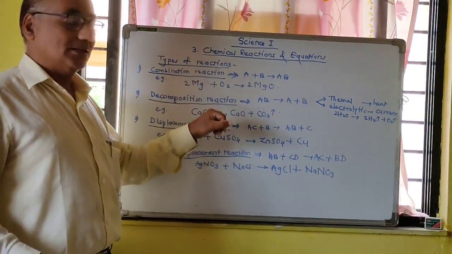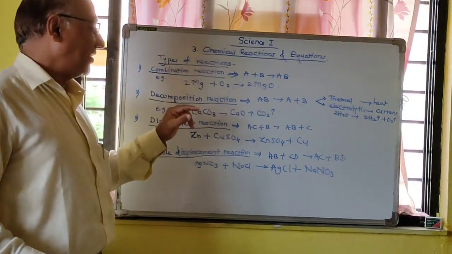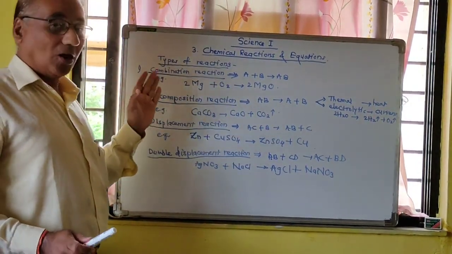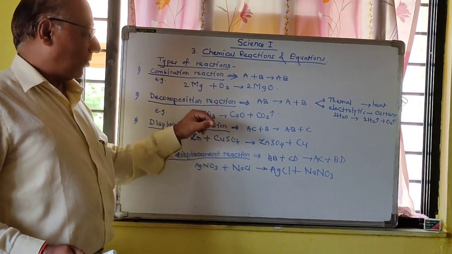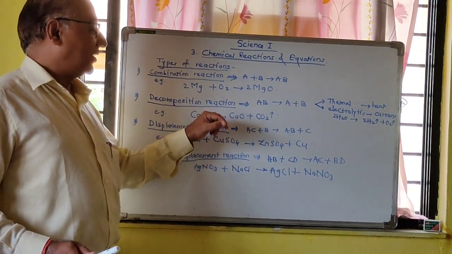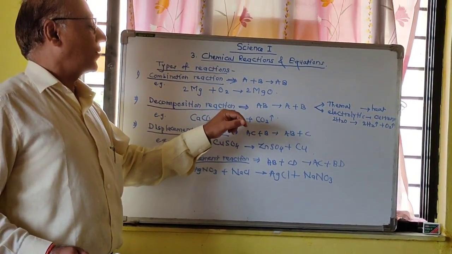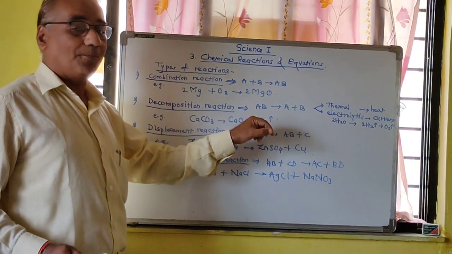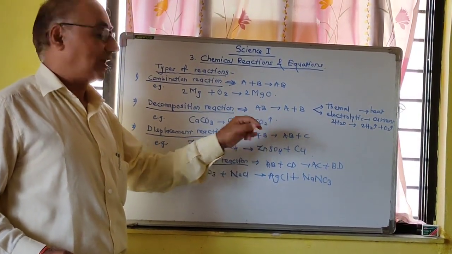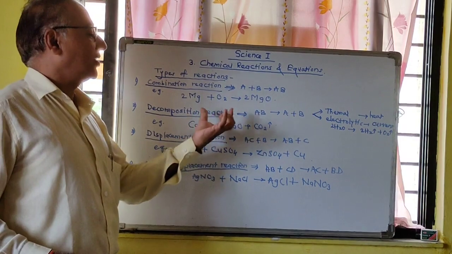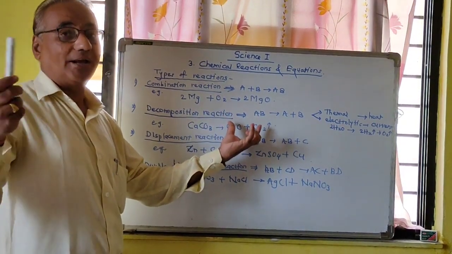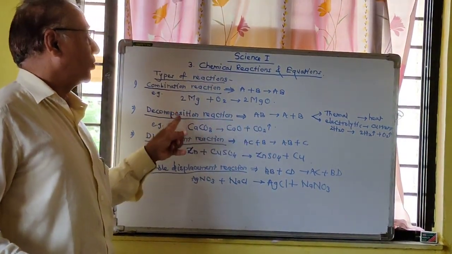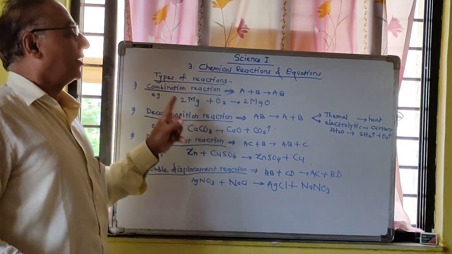Here we consider an example of decomposition reaction. Calcium carbonate, when heated, forms calcium oxide with the production of carbon dioxide gas. A single reactant gives two or more products, so it is known as decomposition reaction.